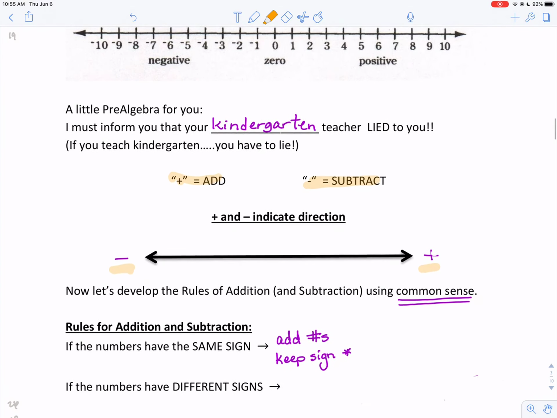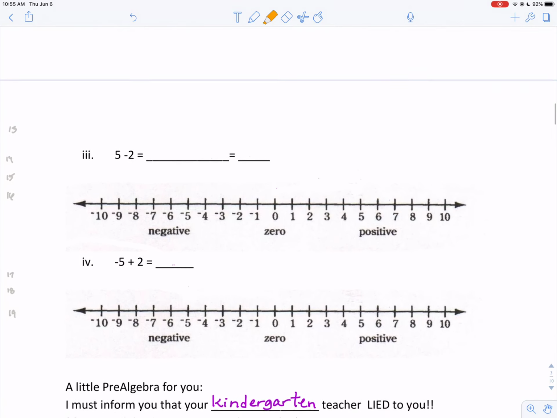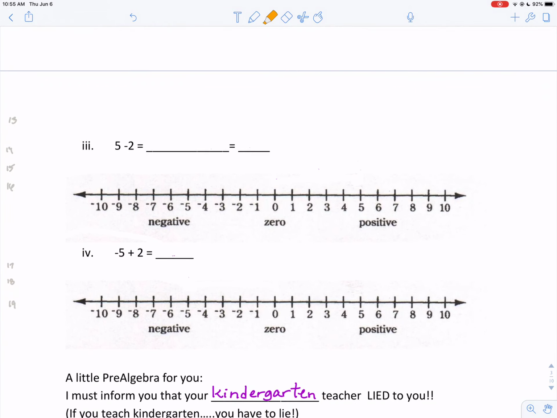Let's talk about different signs. 5 minus 2. You could write that as a positive 5 plus a minus 2. So on our number line, again, we're going to start at 0. We're going to go 5 units in the positive direction. But because the 2 is a negative, we're going to back up 2 places.